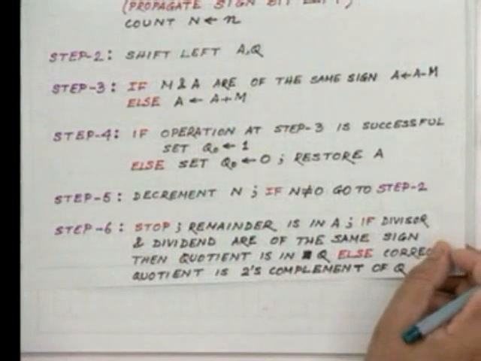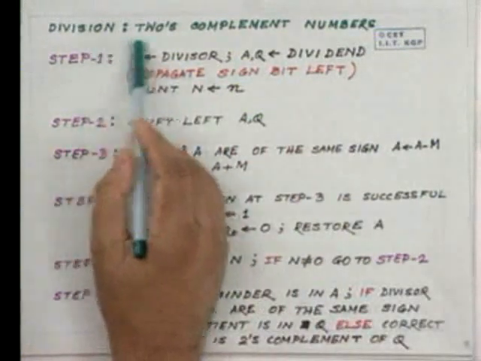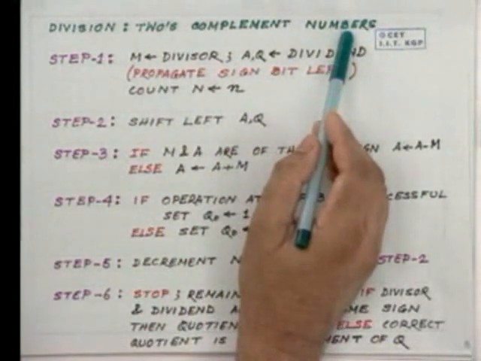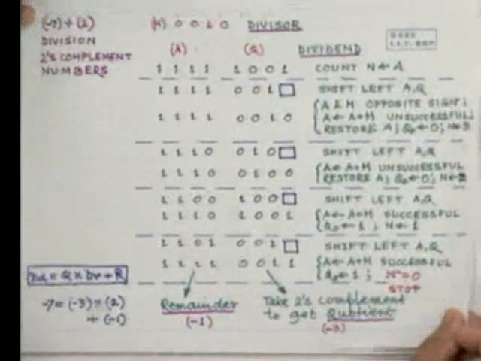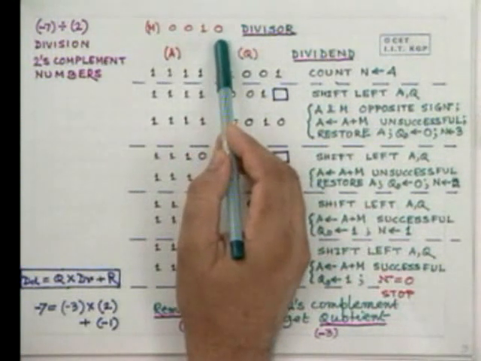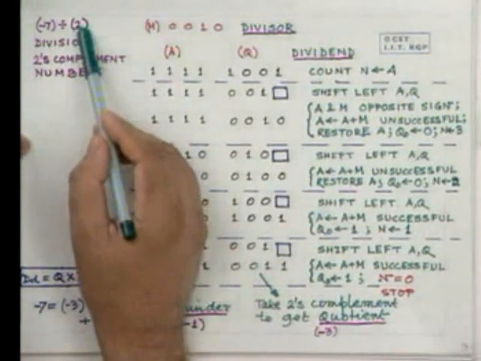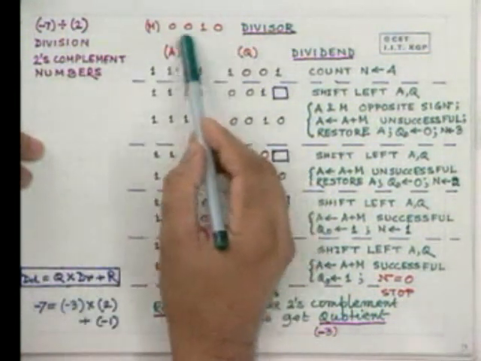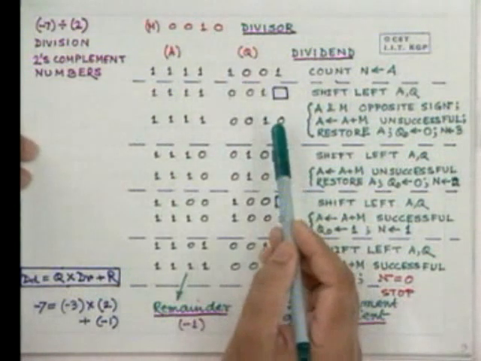Let us take an example of doing division with 2's complement numbers. Say this is the operation that we would like to do: we take minus 7 and try to divide by 2. Now the divisor is 2, that's a positive number, therefore it is 0, 0, 1, 0.